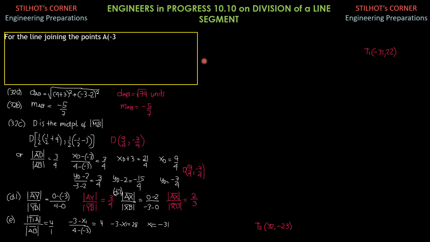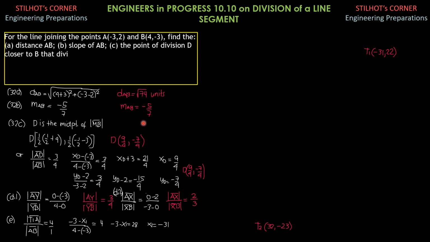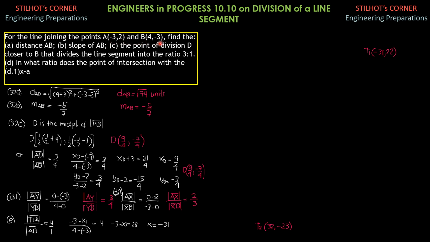This is the problem. And by the way, allow me to present the solution in this manner so that I can discuss three problems in a short period of time. For the line joining the points A at -3, 2 and B at 4, -3, find A, the distance AB; B, the slope of AB; and C, the point of division D closer to B that divides the line segment into the ratio 3:1.